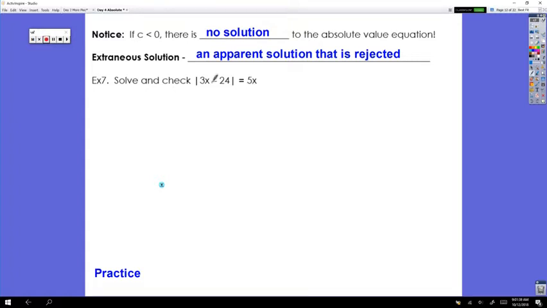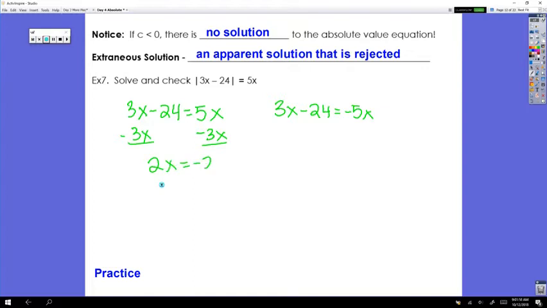We already have the absolute value isolated, so we can set this equal to 3x minus 24 is equal to 5x, and 3x minus 24 is equal to negative 5x. If we were to solve for this, we would get 2x equals negative 24.